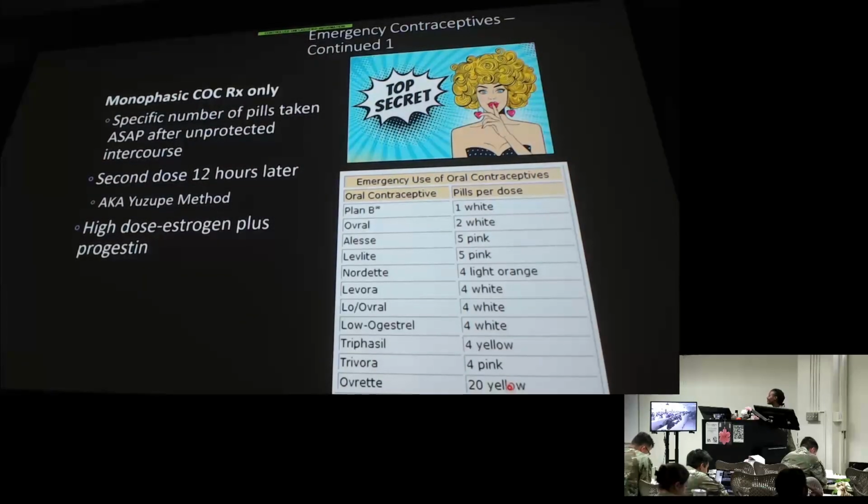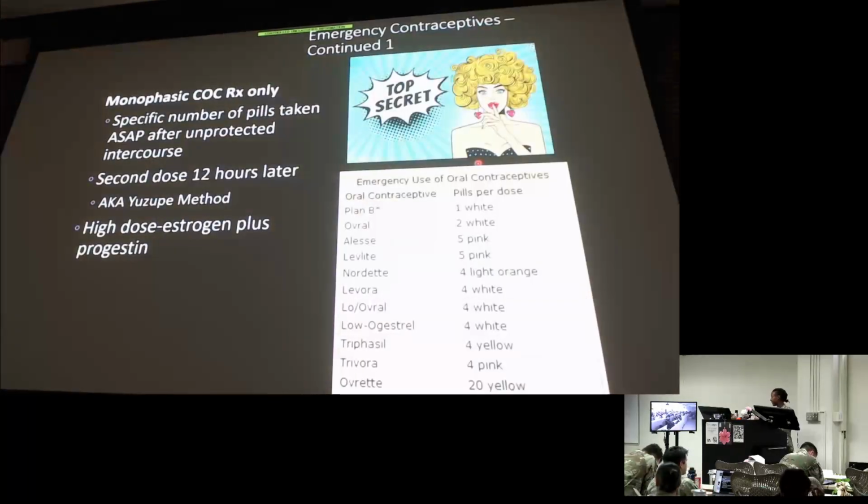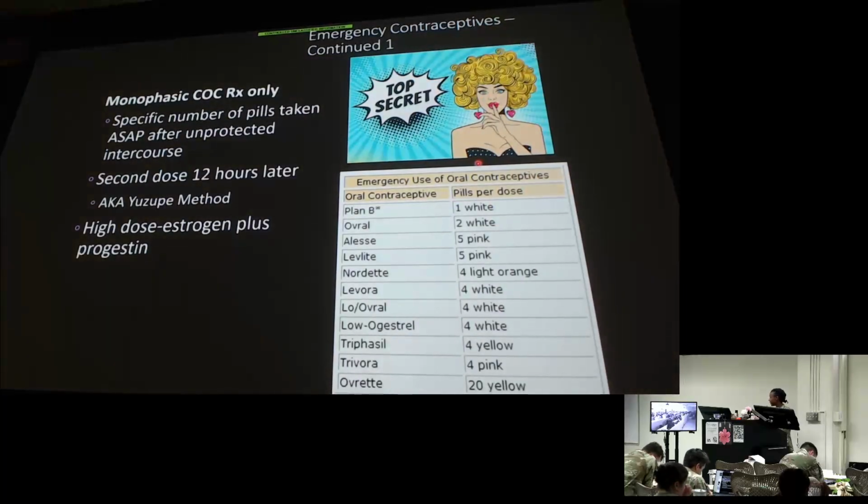You don't need to tell patients this. This was for y'all to just see the high levels, okay? Higher levels than what they're taking on a daily basis to suppress contraception. All right, FYI, not asking you about this, not going to ask you how many pills somebody needs to take to not have a baby, okay?